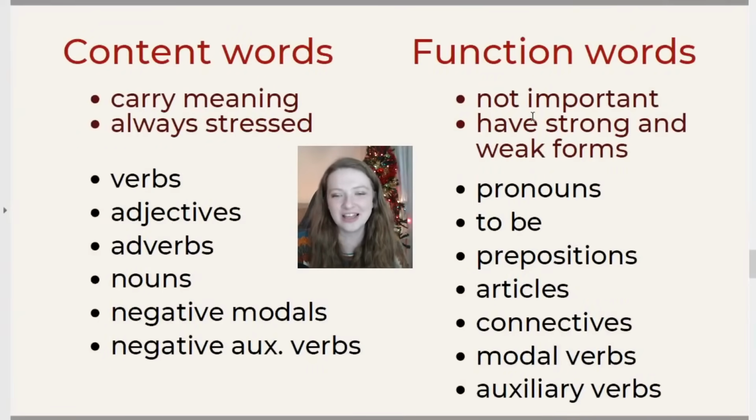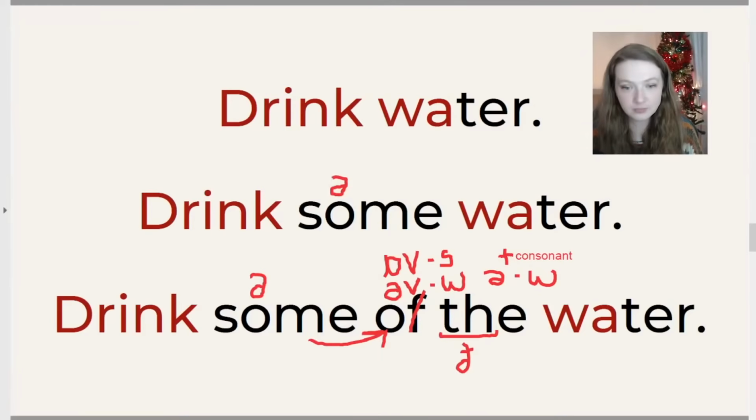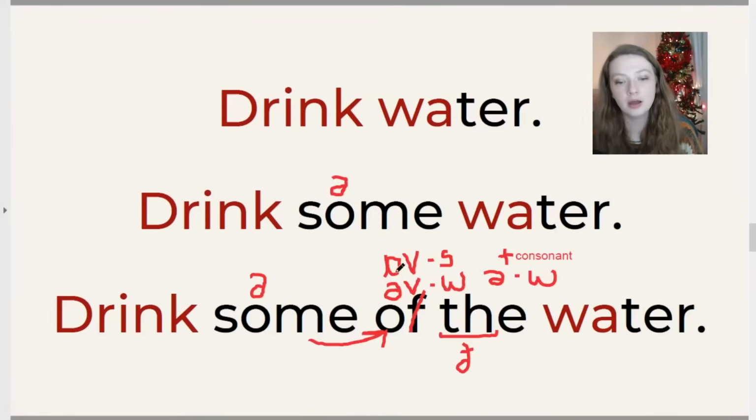It's an important word. With function words, we have strong and weak forms. So as I mentioned here with of, you've got the strong form here. Let me move myself again. So with of, strong form of here, right? Of is a weak form. Sometimes words have more than one weak form.